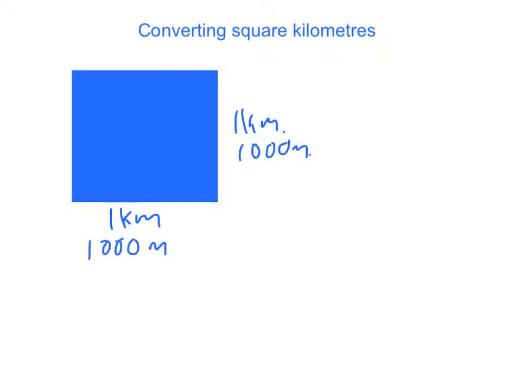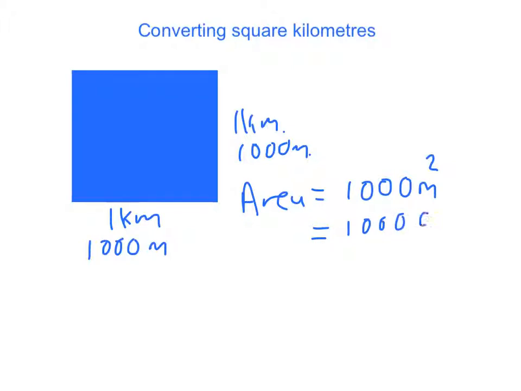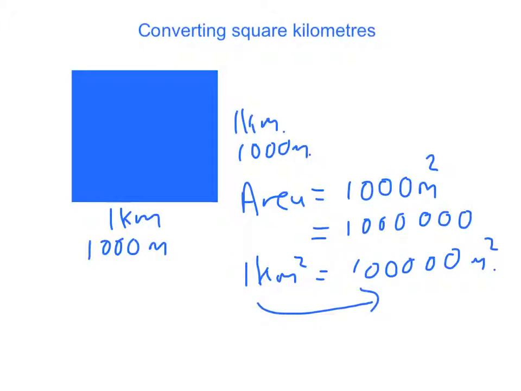So the area is equal to 1,000 metres squared, or 1,000 multiplied by 1,000, which is 1 million. So we can say that 1 square kilometre is the same as 1 million square metres. To convert from kilometres squared to square metres, we need to multiply by 1 million.